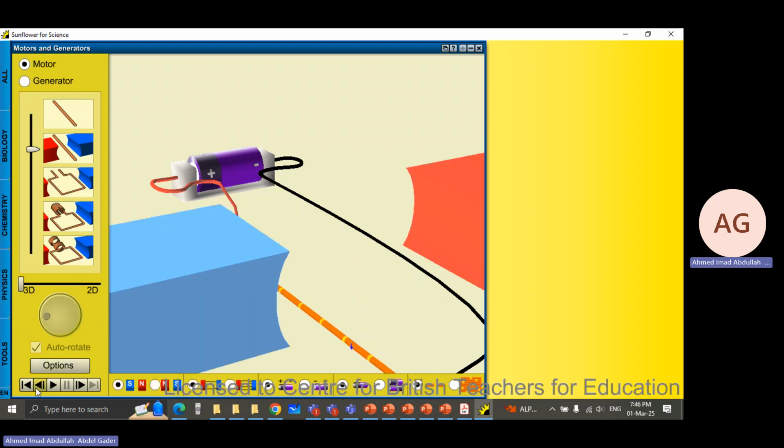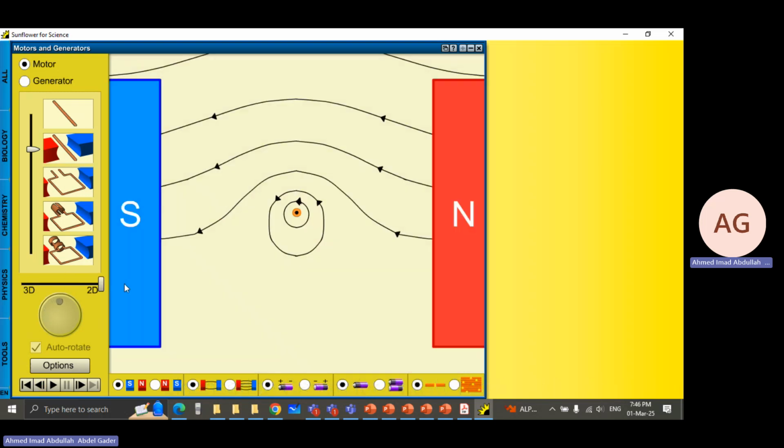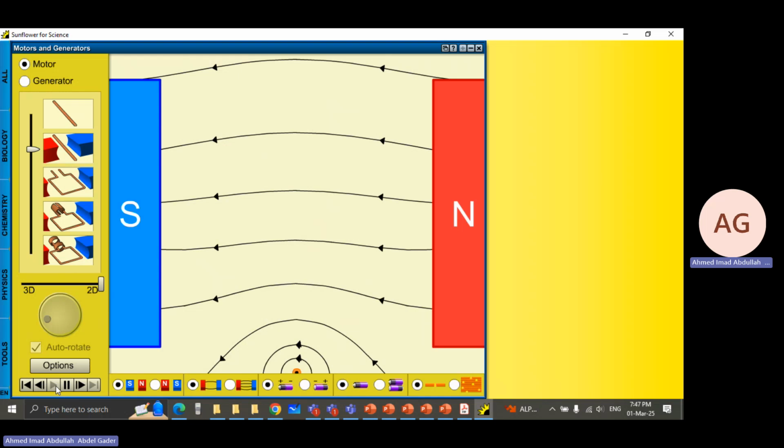Now, why is this? There are a lot of explanations as to why this happens. I find an easy one is the interaction between the magnetic field of the permanent magnet and the magnetic field of the current carrying wire. This interaction causes there to be a force.